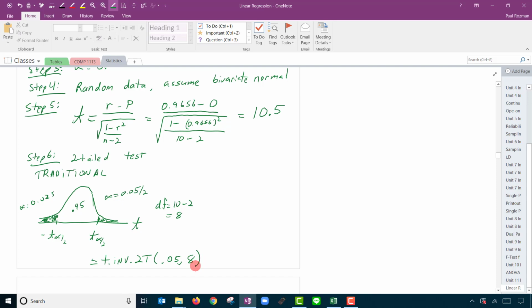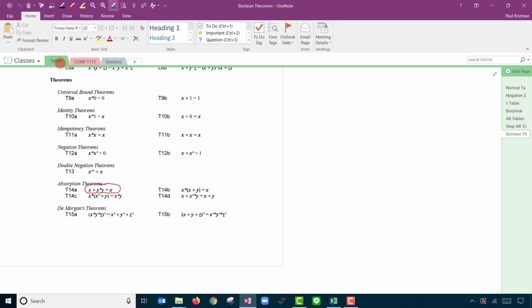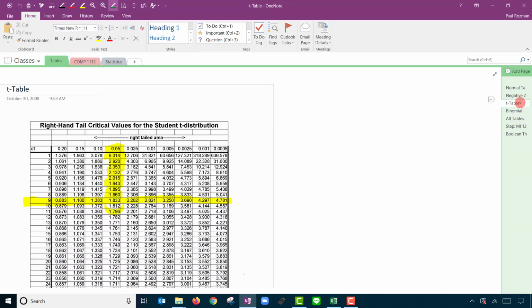Alternatively, we can just go and look at our T table. So we're in row 8. And we have 0.025 in our tail. So our critical value will be 2.306.